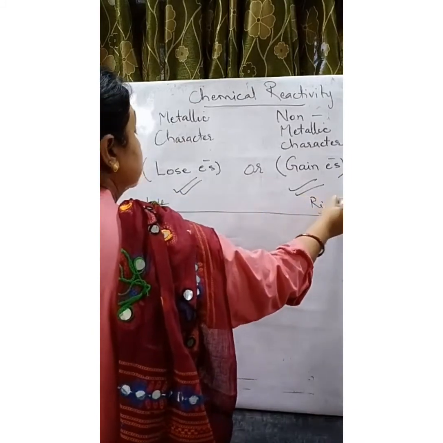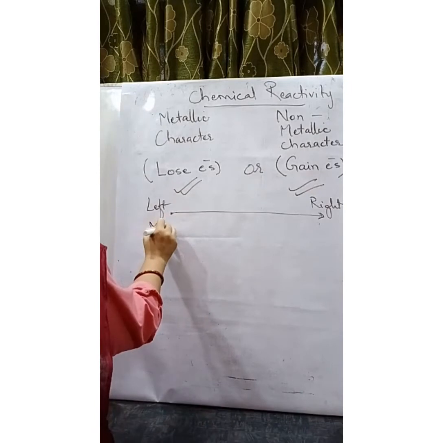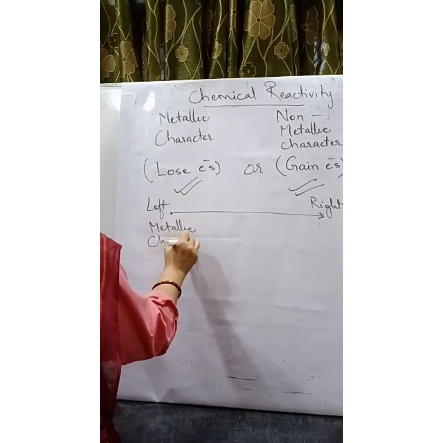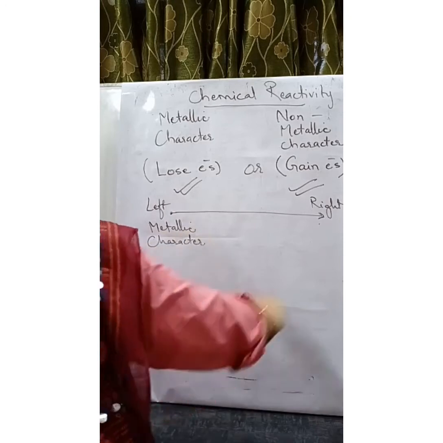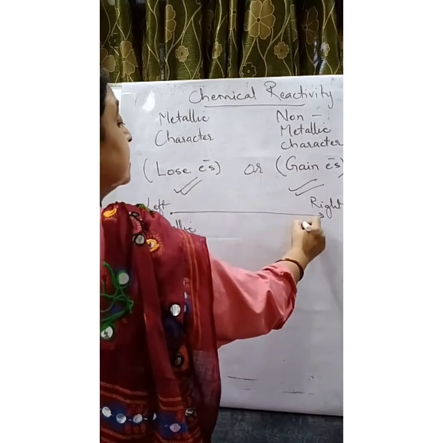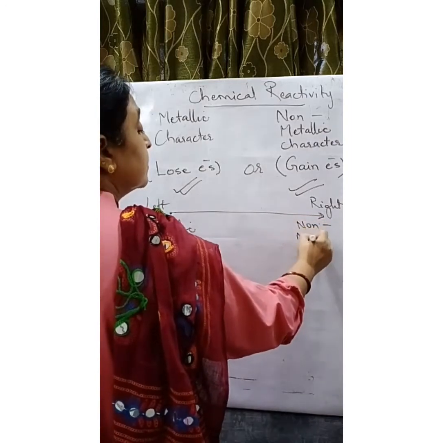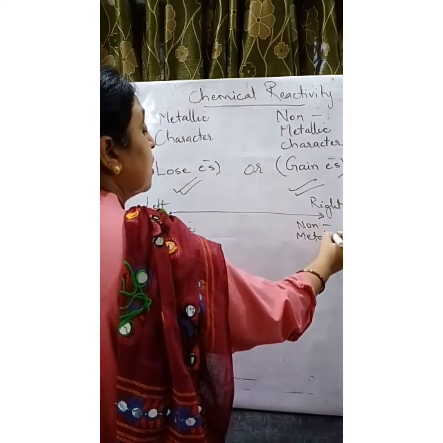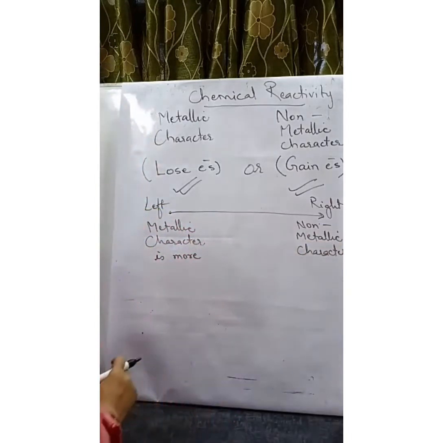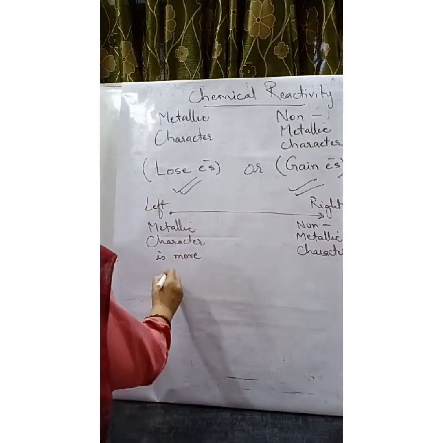We notice that on the left-hand side, metallic character is maximum. On the right-hand side, non-metallic character is more, the tendency to gain electrons.